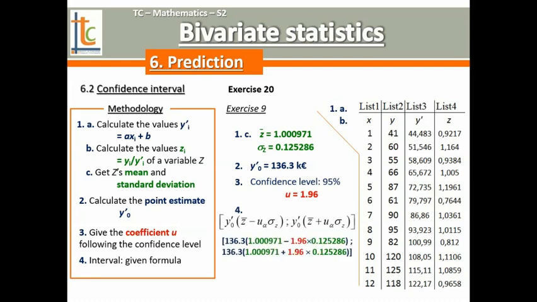By placing it, you will have to calculate two bounds, the lower bound and the upper bound of the interval, and the results are like that. 103 on one side and 170 on the other side. You can round the result, okay?